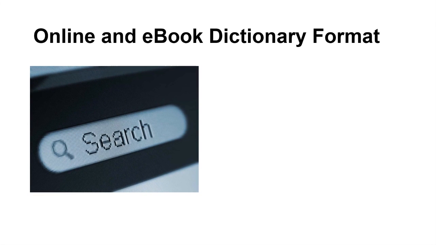If we look at the search facilities in online web-based apps, native apps, and e-book dictionaries, these tend to be in the form of a search bar, with results presented in list form, presented spatially down the page.